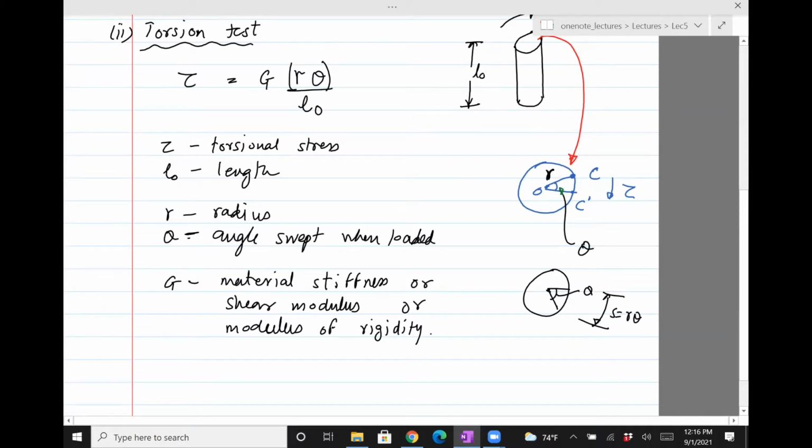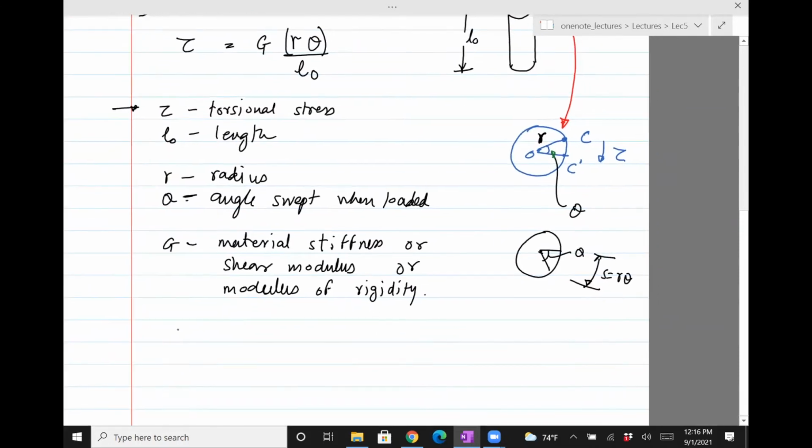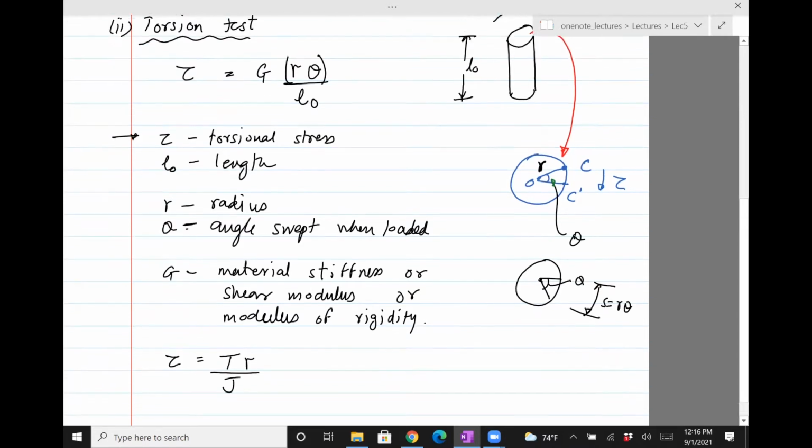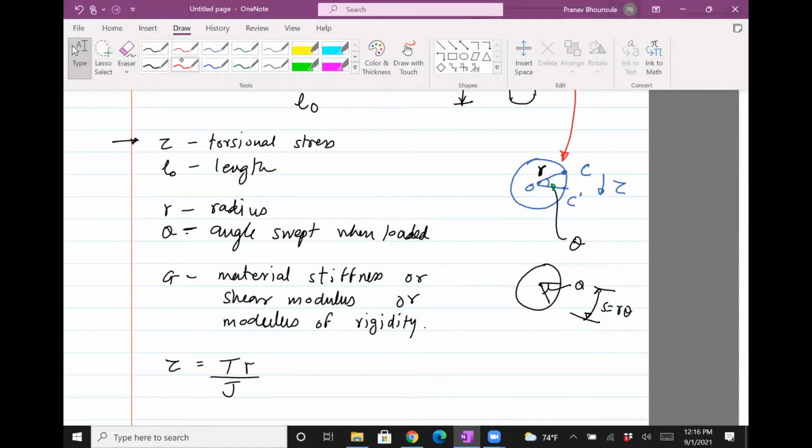In fact, we'll use the notation T for torque. So it turns out that the stress is also related to the torque in the following way. The torsional stress is T, the torque, times R divided by J, and I'll define what J is.